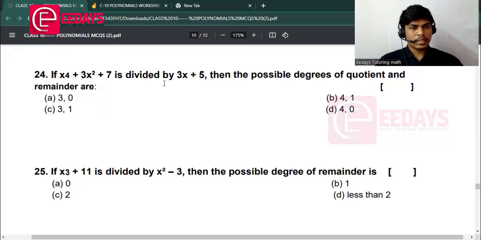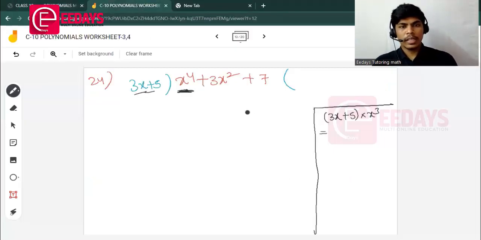x power 4 or 3x square. Here the coefficients do not look similar. Then in that case, how can we do this?